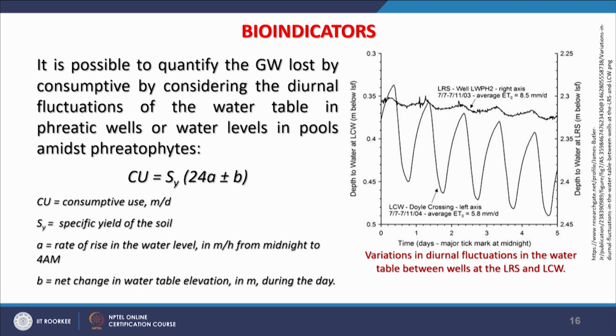Bioindicators make it possible to quantify the groundwater lost by considering the diurnal fluctuation, that means within a 24 hour day and night, of the water table in phreatic wells or water levels in pools amidst phreatophytes. An equation has been developed which tells how the water table changes on a diurnal basis, because these plants take water or do not take water, and transpiration reduces or increases accordingly.